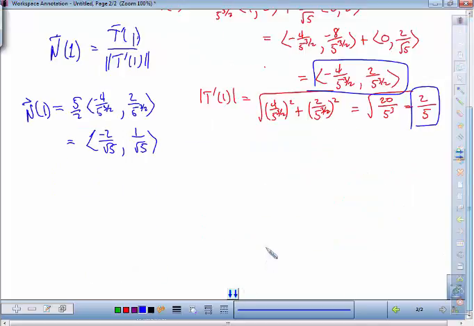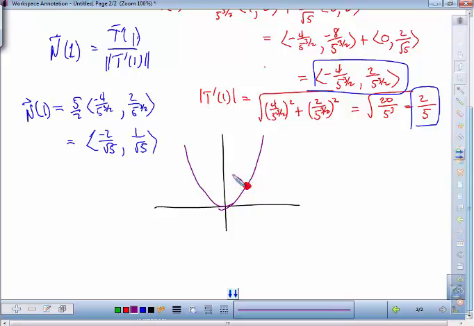So let's update our picture so far. We have our parabola. And we have the point at 1, when x is equal to 1. And then we just got this vector. It's going negative 2 in the x, positive 1 in the y.